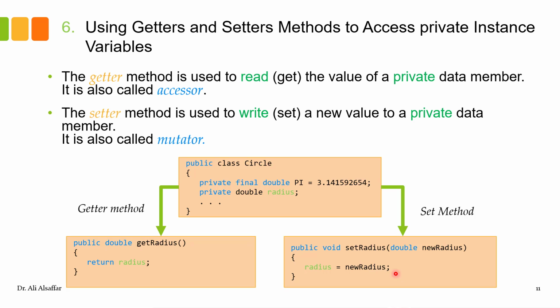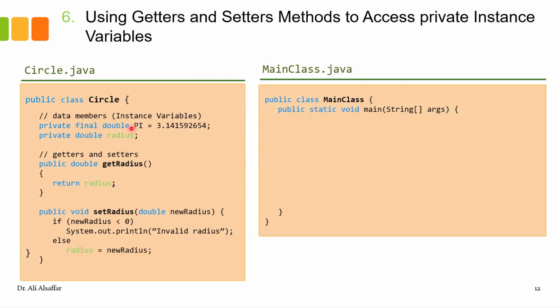So this is the main purpose of getters and setters: to read and set private instance variables. So how do we use these methods for reading and writing? This is our Circle class. It has two private data members: one is double radius, the other is double pi.